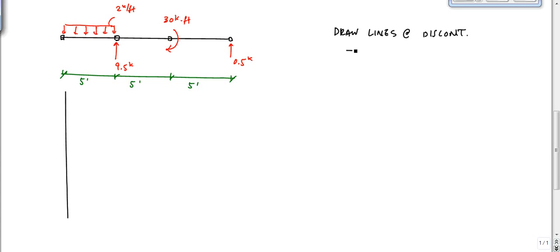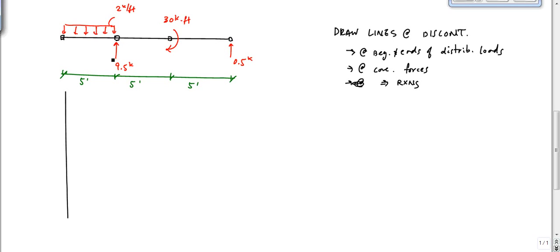It is wherever there are the beginnings and ends of distributed loads, and at concentrated forces. That includes reactions, because this reaction, as far as we know, is a concentrated load pushing up on the beam right here.